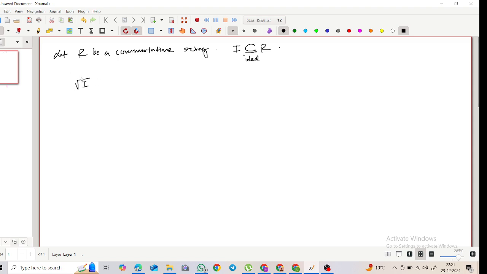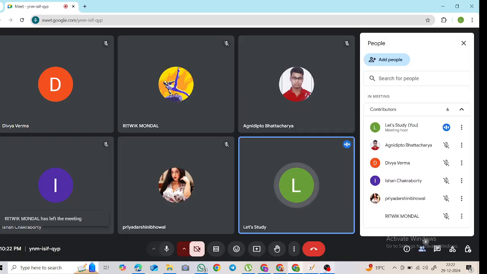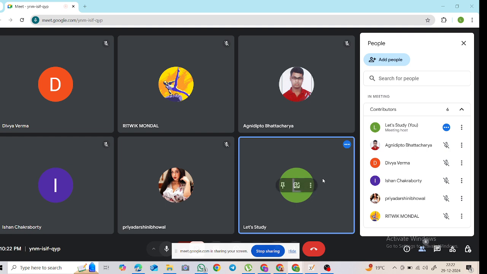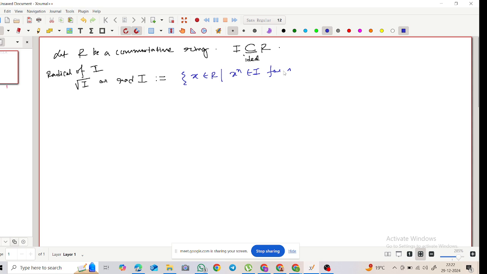We define root I, or rad I, which is called the radical of I. It is defined to be all those x belonging to R such that x to the power n belongs to I for some n belonging to the natural numbers.